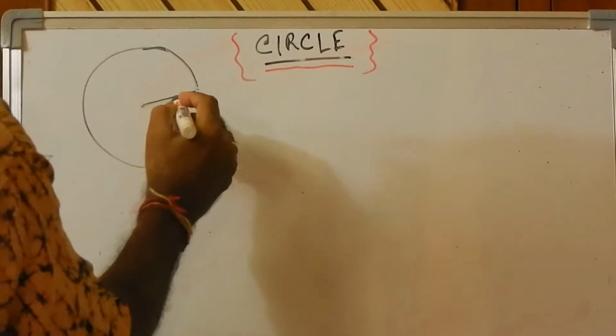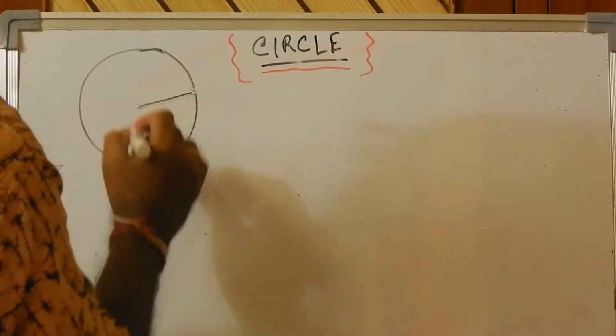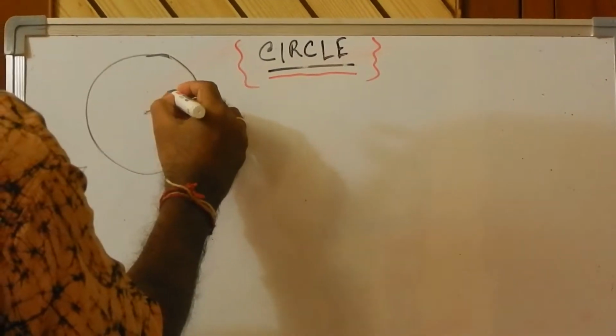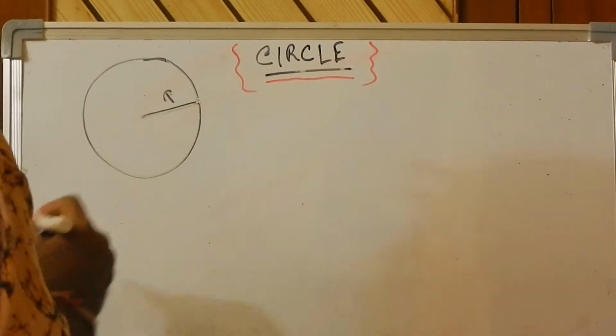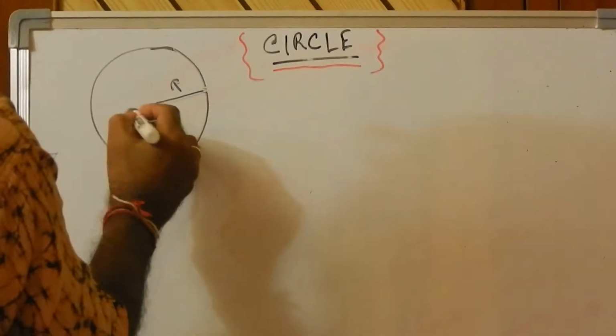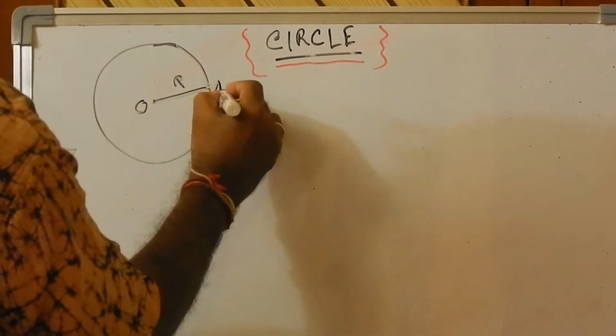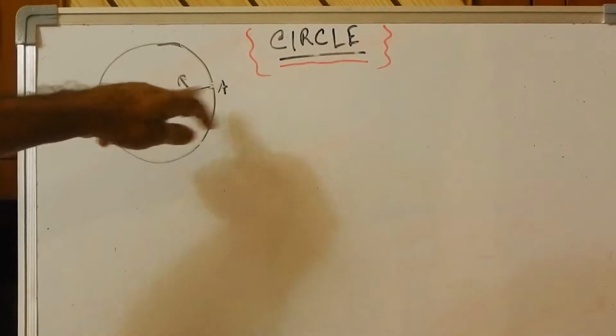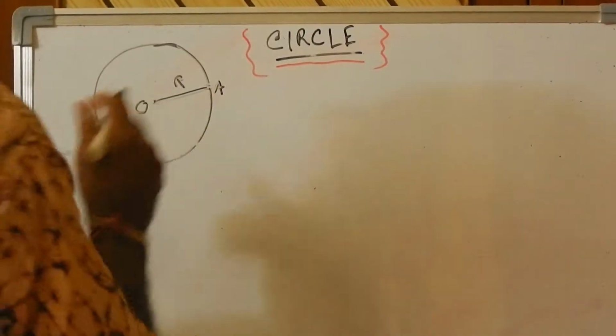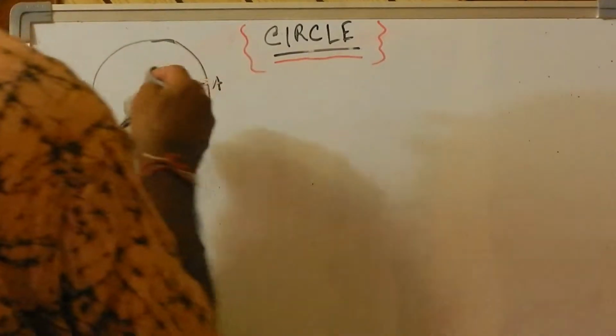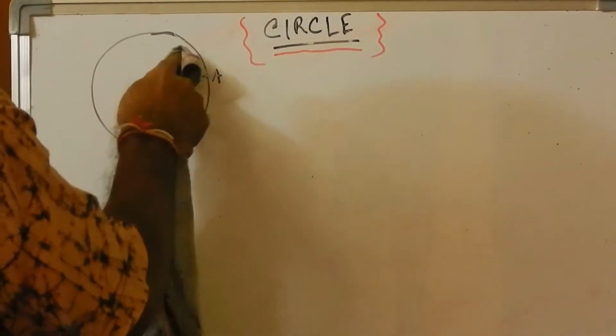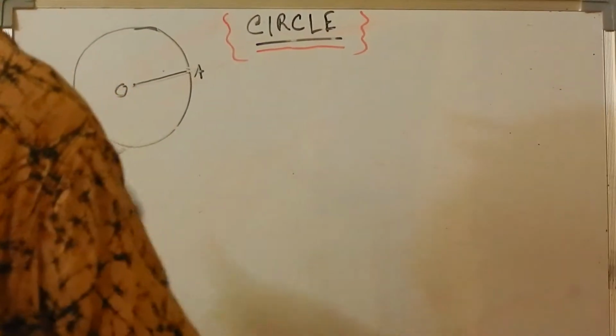From the center to the periphery, the line drawn is called radius, and this point is O. So OA equal to, take it as small r, it is used in the formula universally.